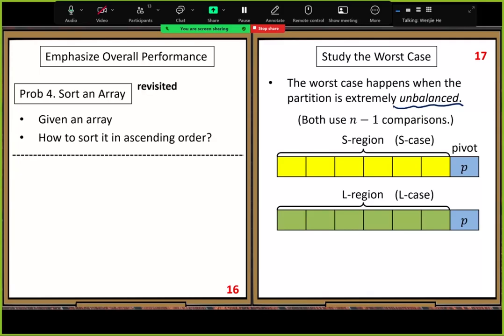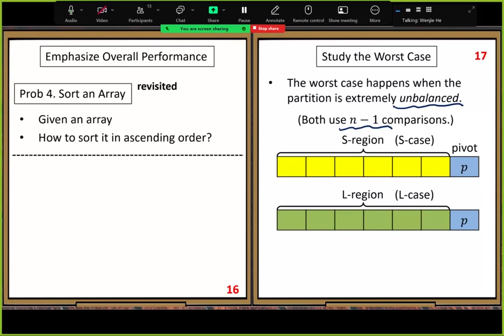Now, let's look at how many comparisons we need for this worst case. In one of the two extremal cases, you need to scan all the elements, and each element needs one comparison. Here we do not look at the swap operation, just the comparison operation. So you need n-1 comparisons.